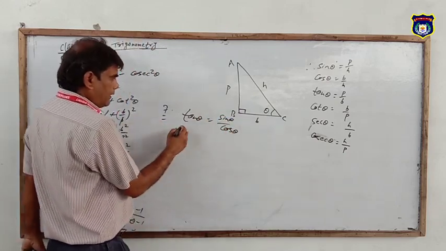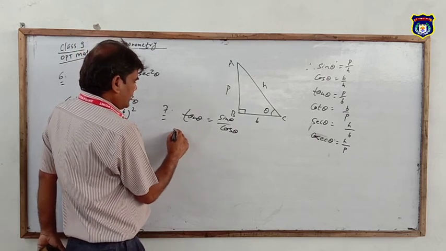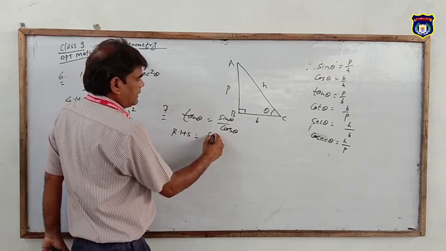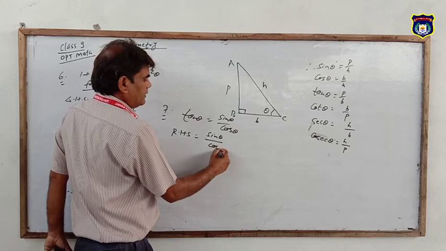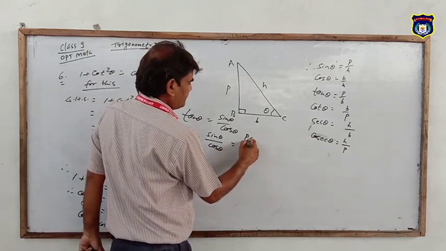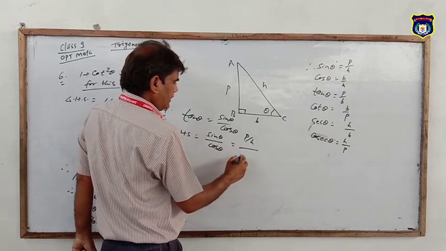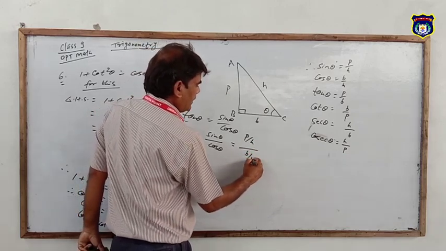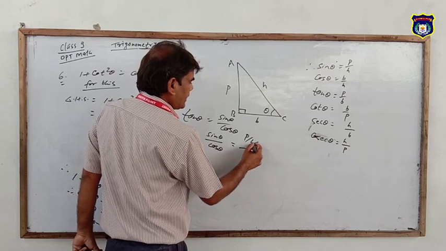For this, on the RHS, sin theta by cos theta. So sin theta is P by H, cos theta is B by H. Now H cancels.